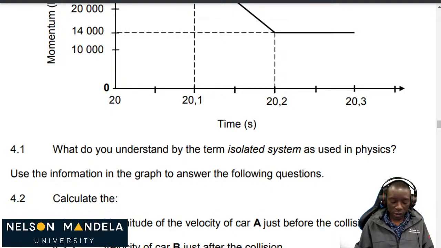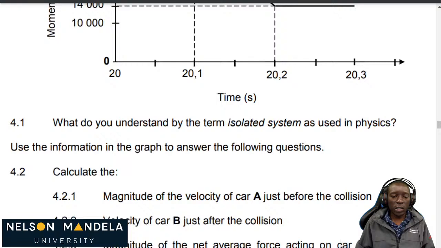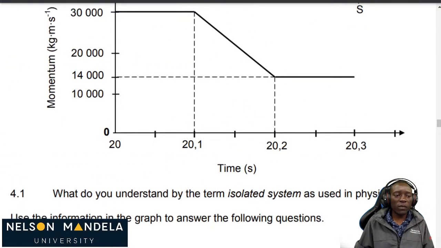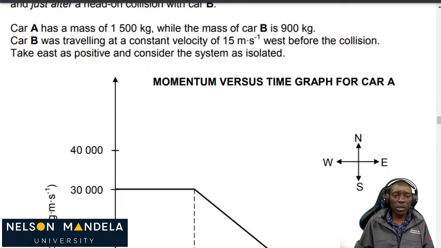Okay, so the next part, 4.2, says calculate the magnitude of the velocity of car A just before collision. So we're also given the quantities. Let's look at the quantities first. What quantities do we have from the graph and the information?